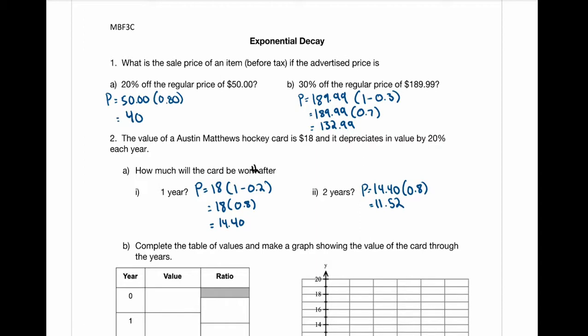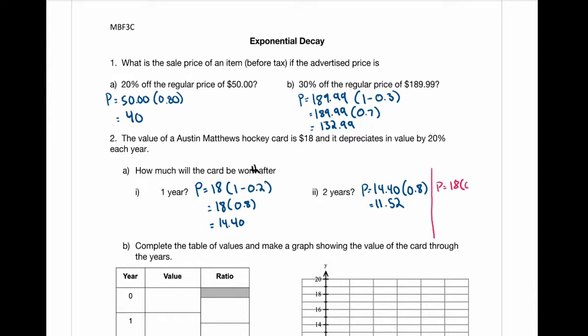Now let's say I didn't know what the year 1 worth was. I didn't know that it was going to equal $14.40. How could I use the original value to figure out how much it's going to be worth after 2 years? And this ties into our last lesson on exponential growth. If I look at the original price, I know it's $18.